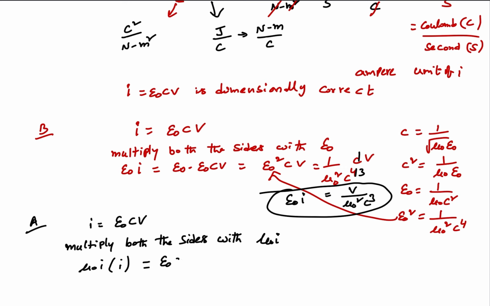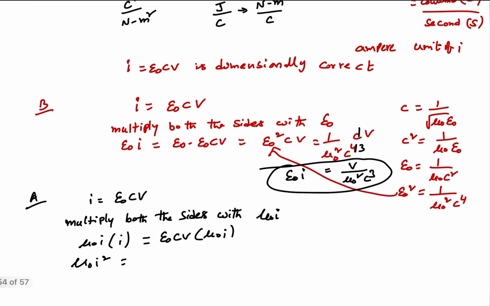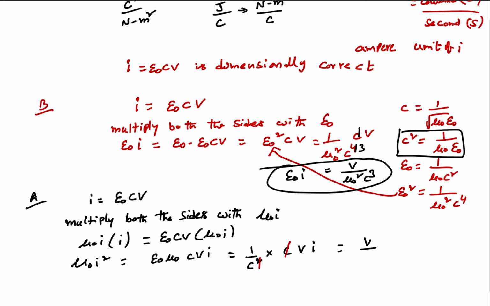I is equal to epsilon naught into C V. Multiply both sides with mu naught into I, since we want mu naught I square. Mu naught I is equal to epsilon naught C V into mu naught I. On the left side I get mu naught into I square, equal to epsilon naught mu naught C V into I. From this relation, mu naught epsilon naught is equal to 1 by C square, into C into V into I.